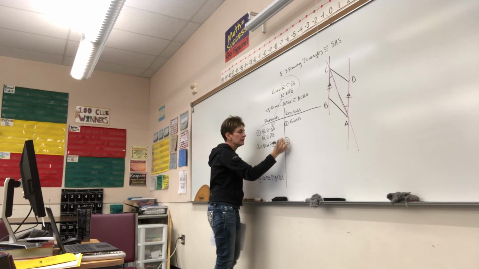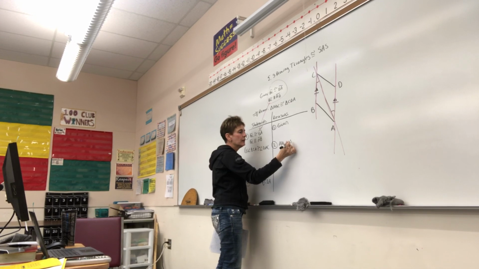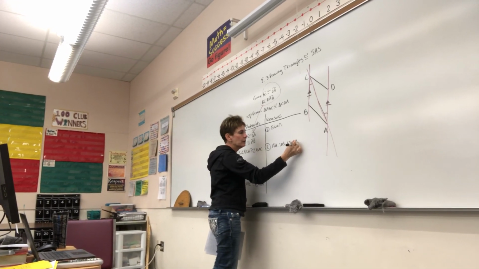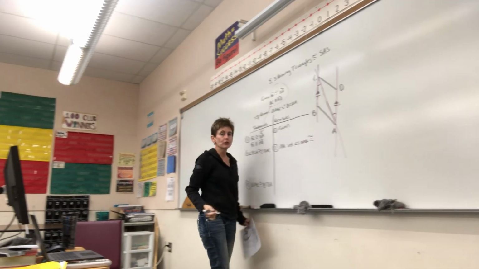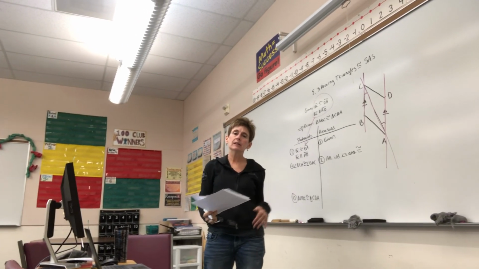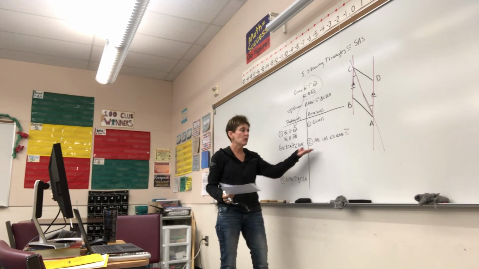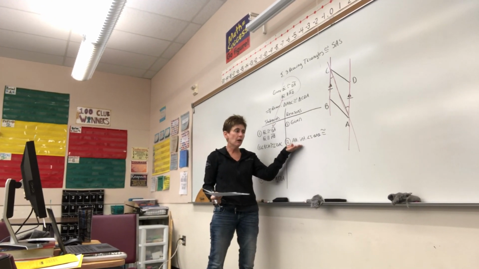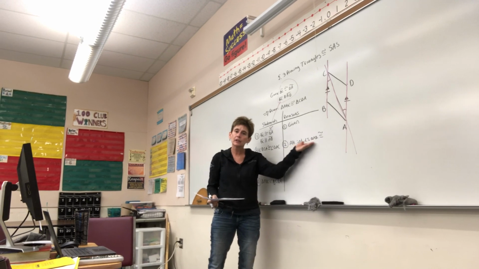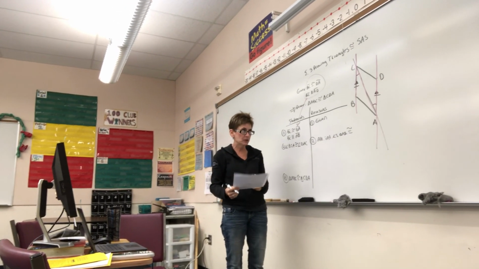And for the reason, we just say alternate interior angles are congruent. Now, if you weren't sure, you could look at the word bank. And in the word bank, it's going to say ways to prove that two angles are congruent, and one of the options would be alternate interior angles are congruent. Good, so now we have an angle down, which is good.